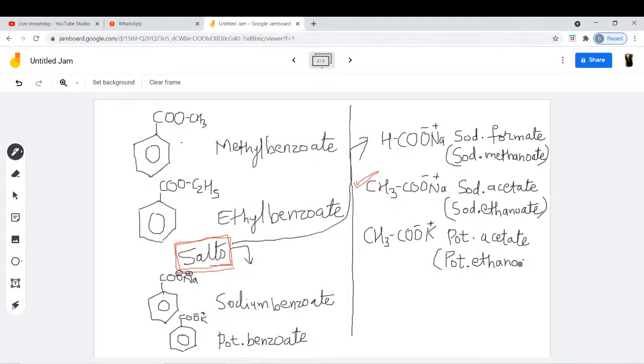See, Na is replaced by only K. So instead of sodium you write potassium. Ethanoate is exactly the same as acetate.